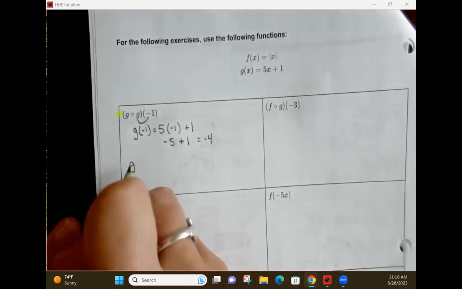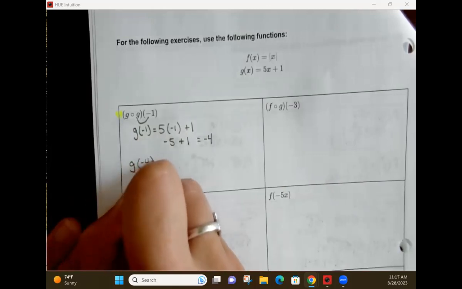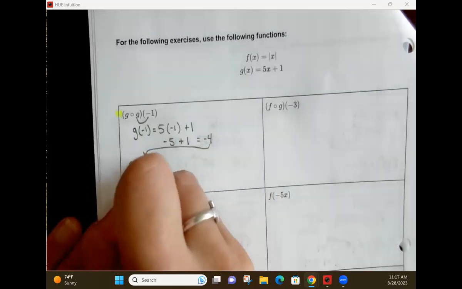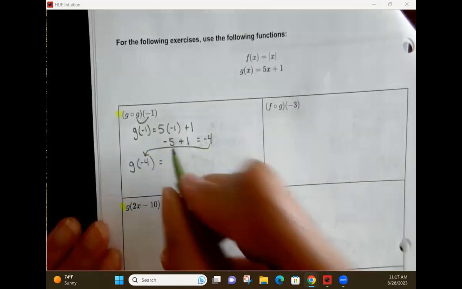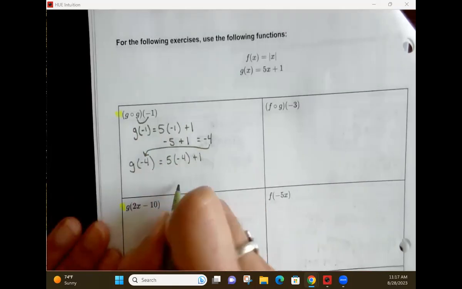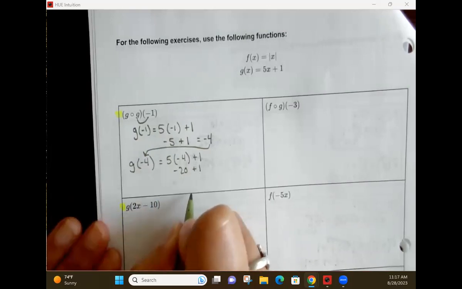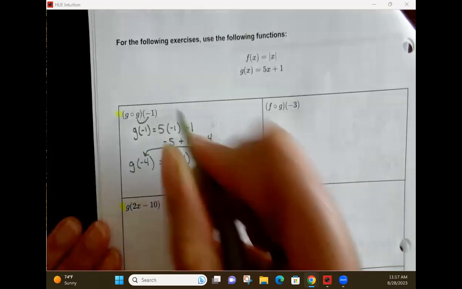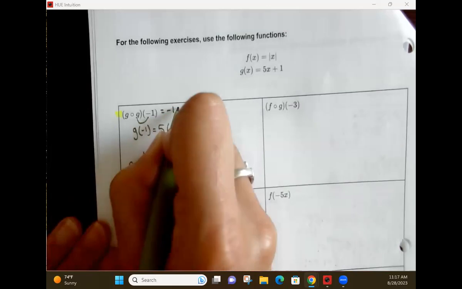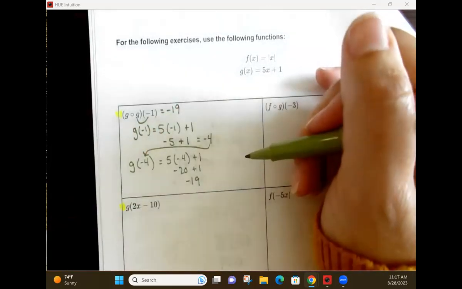And then our outer function is also g, so we'll find g of -4. Output for the first function is input for the next one. So this would be 5 times -4 plus 1. This is -20 plus 1. We get -19. Any questions on this first one?